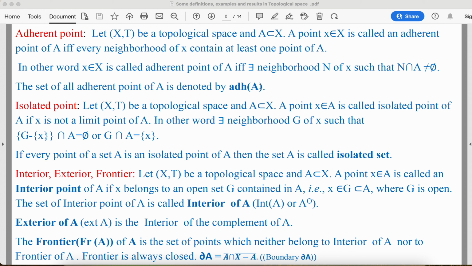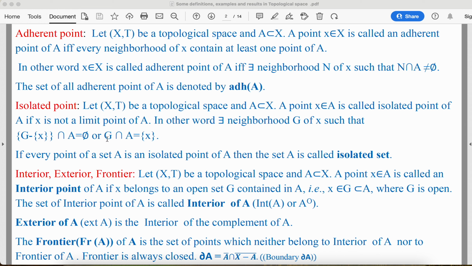Now the isolated point. Again, if X is a topological space and A is a subset of X, then a point x belonging to A is called an isolated point of A if x is not a limit point of A. It means there exists a neighborhood G of x such that G minus the singleton set {x}, if we remove the singleton set {x} from G, then its intersection with A is empty, meaning these are disjoint.